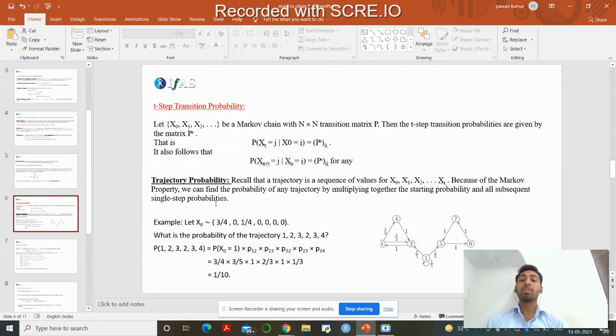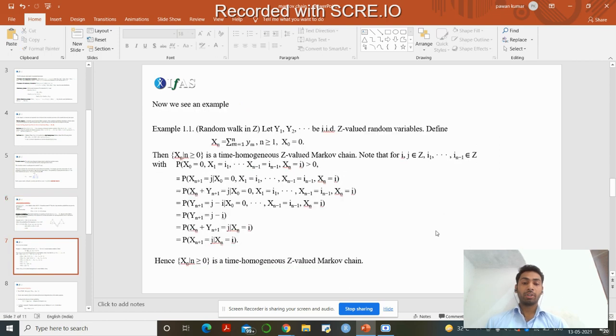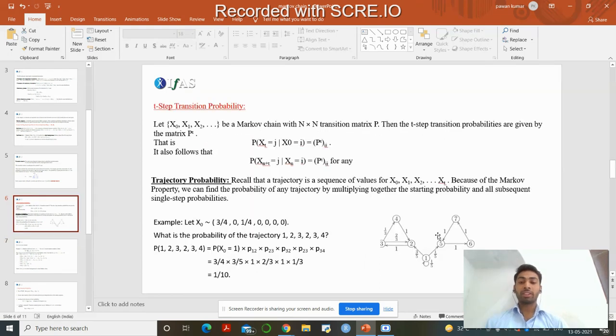Because of the Markov property, we can find the probability of a trajectory by multiplying together the starting probability and all subsequent single-step probabilities. For example, if X0 follows 3/4, 0, 1/4, 0, 0, 0, and we want the probability of the trajectory 1, 2, 3, 2, 3, 4, we multiply the starting probability and all subsequent ones.